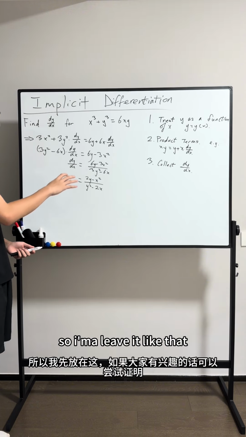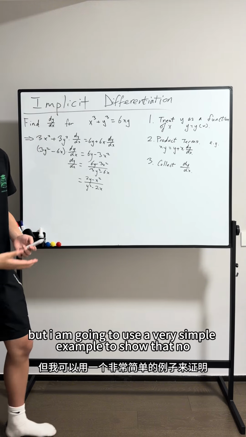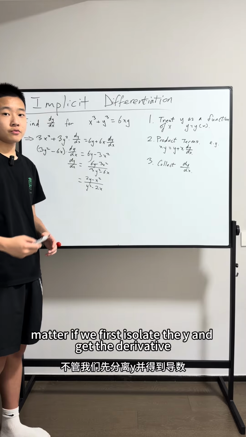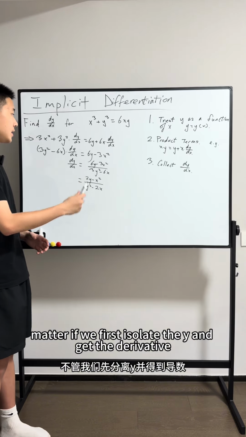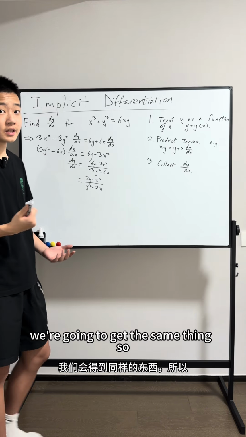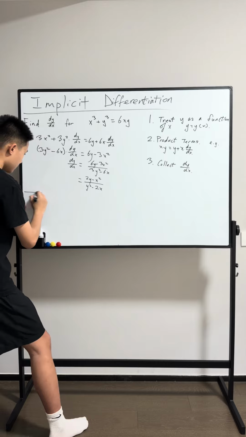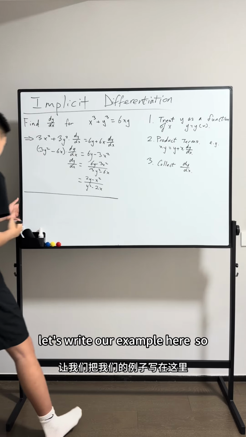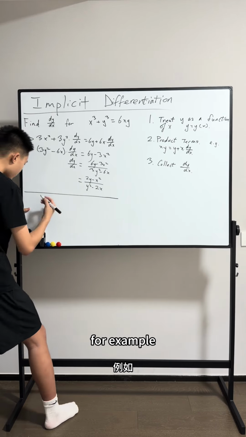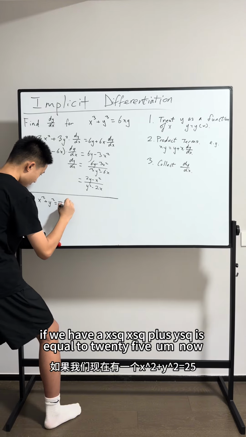So I'm going to leave it like that, but I am going to use a very simple example to show that no matter if we first isolate y and get the derivative, or if we use implicit differentiation, we're going to get the same thing. So let's write our example here. For example, if we have x squared plus y squared equals 25.